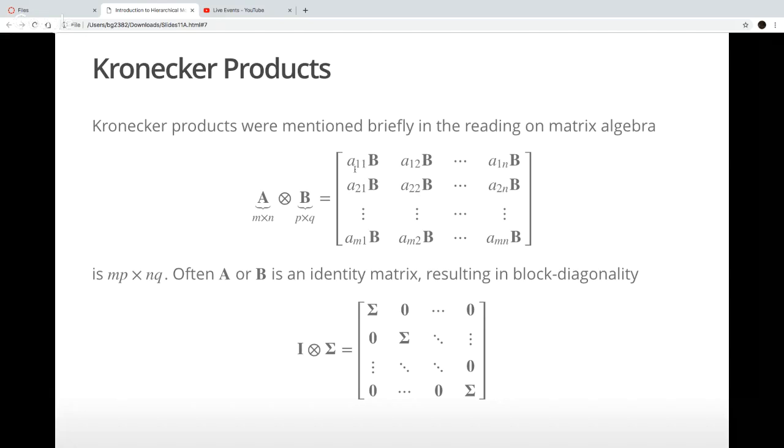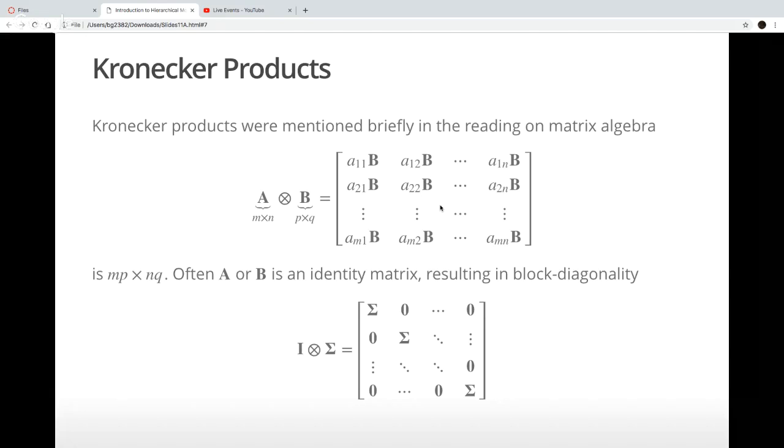So in the top left, we have A11 times the whole matrix B, and then adjacent to it on the right, we have A12 times the whole matrix B again. Below the first block, we have A21 times the whole matrix B, and so on. So we fill in all the blocks of the resulting matrix, creating a much bigger matrix.